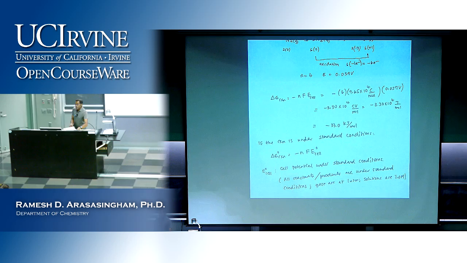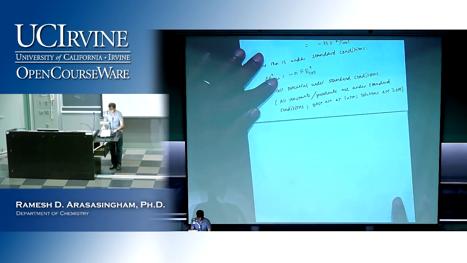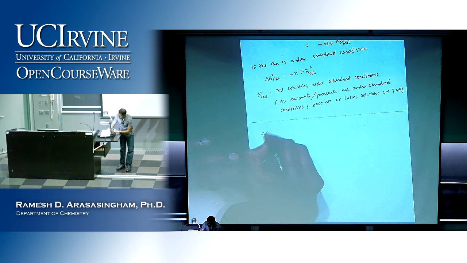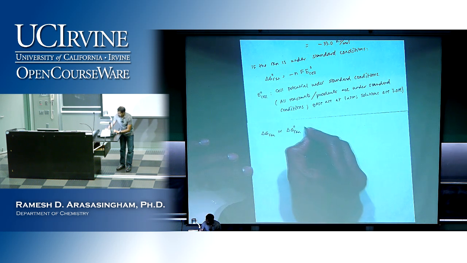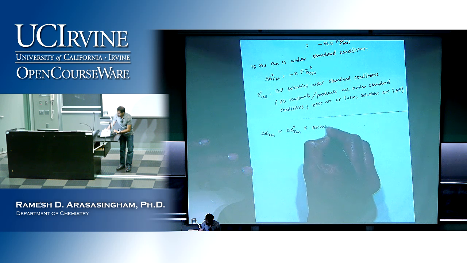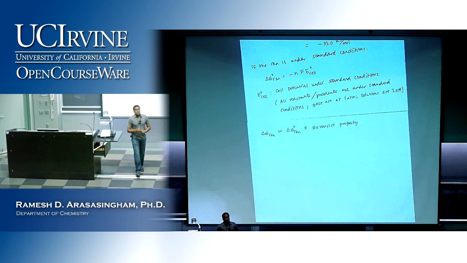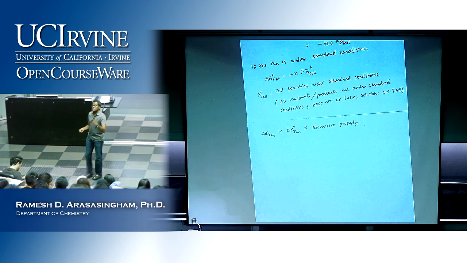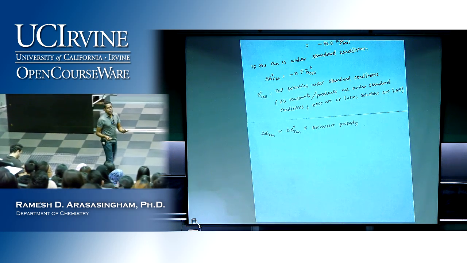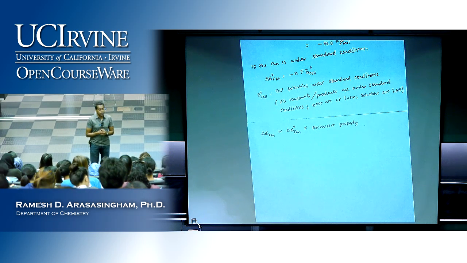Now, an important take-home message to remember is that whether you're dealing with delta G under standard conditions or not, we know delta G is an extensive property. What do we mean when we say thermodynamic quantities like delta G, delta H, delta S are extensive properties? You guys remember from last quarter, what does it mean when something is an extensive property?